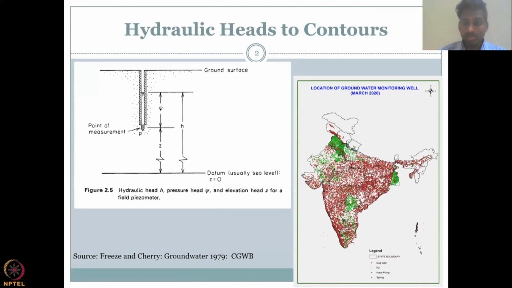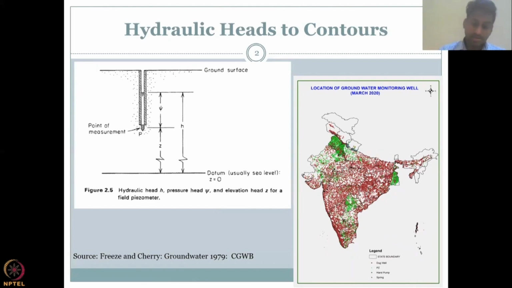So you don't see much in the northern parts of Kashmir, Assam, those regions, because it is also hard to get the monitoring well into the ground.